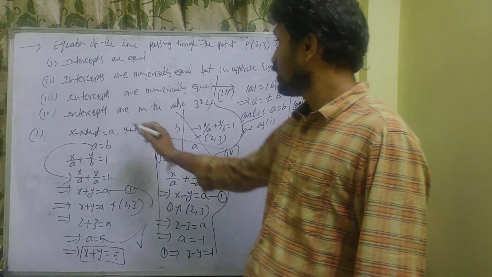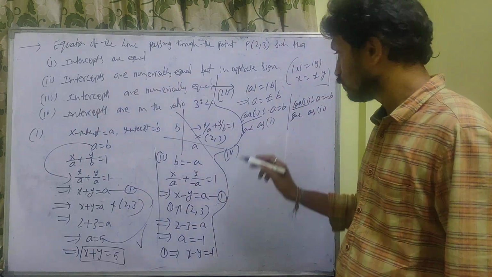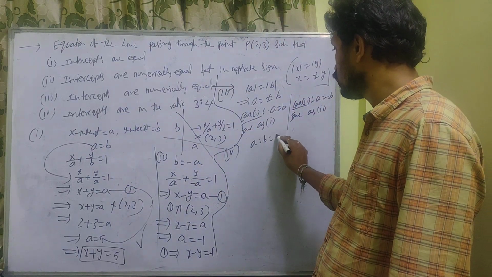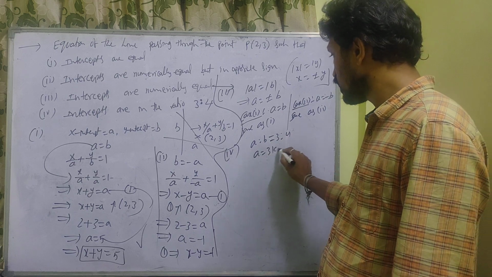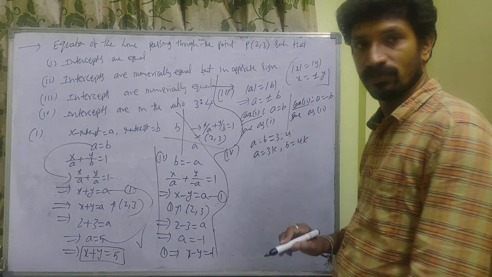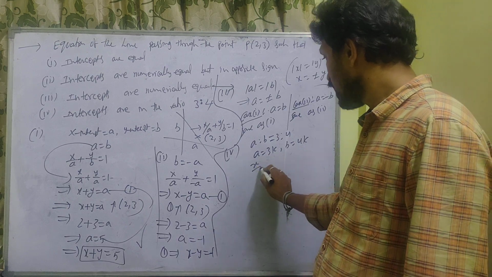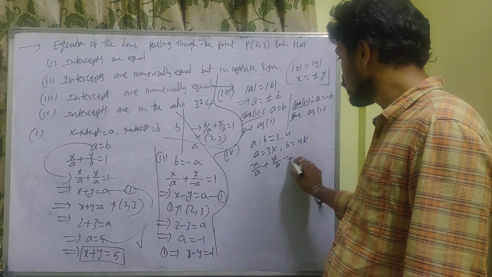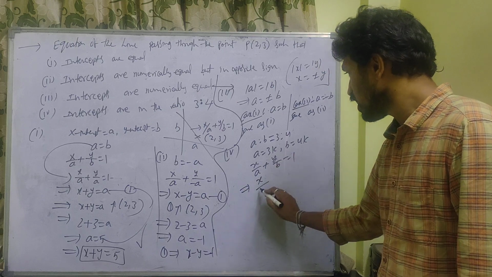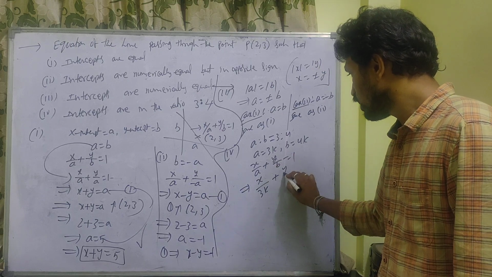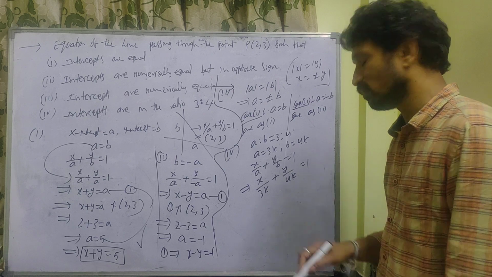What is it asking? Intercepts are in the ratio 3:4. So what is given? A is to B is equal to 3:4. That means A is equal to 3k and B is equal to 4k. The required equation is x by A plus y by B is equal to 1. So x by 3k plus y by 4k is equal to 1.